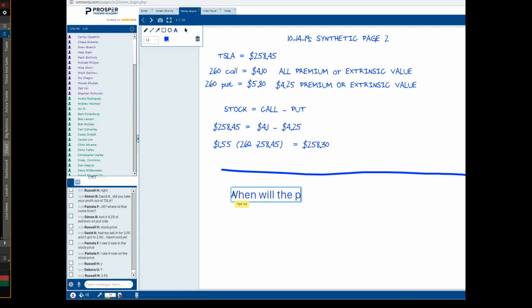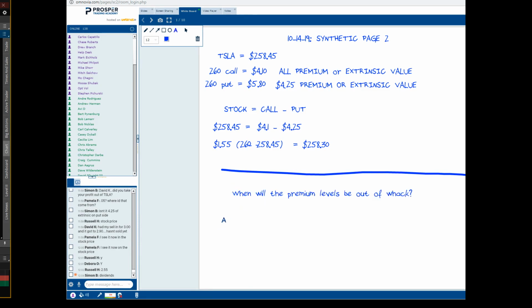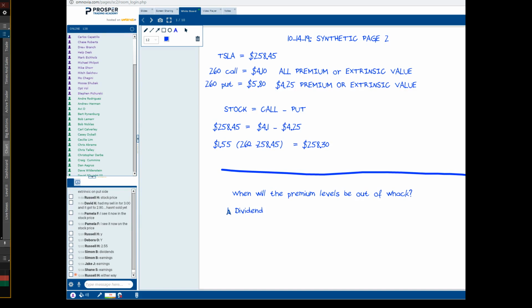When will the premium levels be out of whack? Okay, good, Simon. One is when there is a dividend. Nope, not earnings, guys. Even with earnings, and Tesla has earnings next week, calls and puts still have to have the same amount of premium. They both may be really expensive, but they both have to have the same amount of premium.